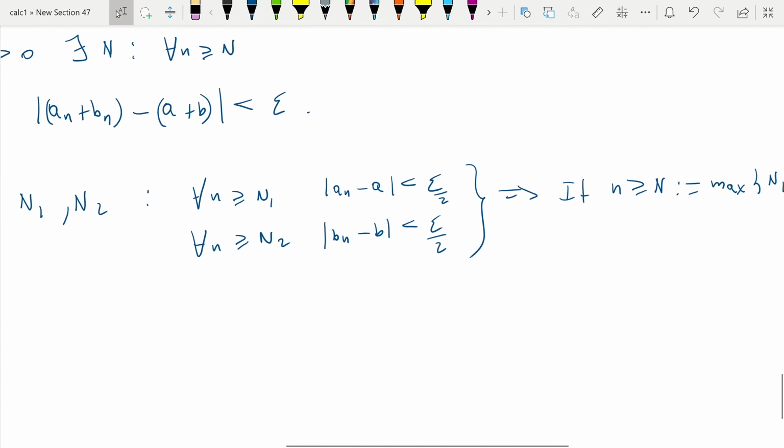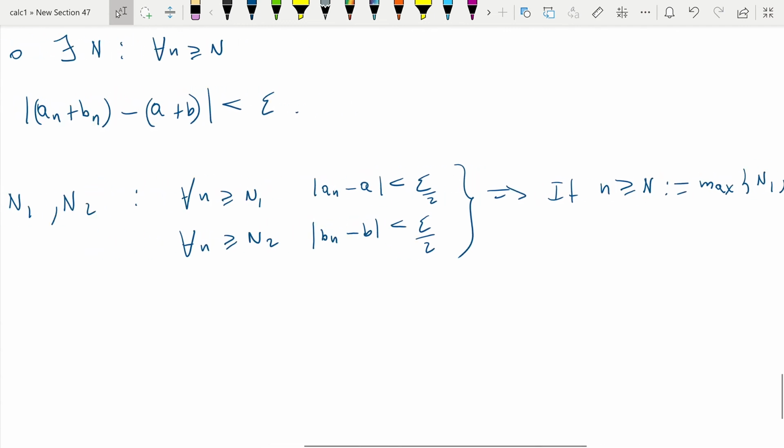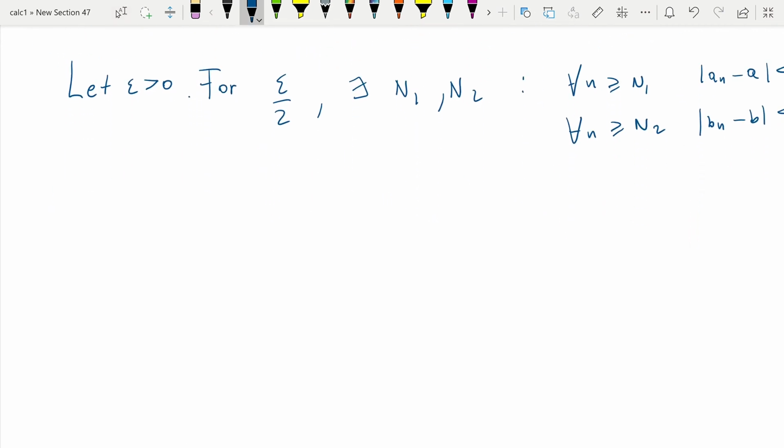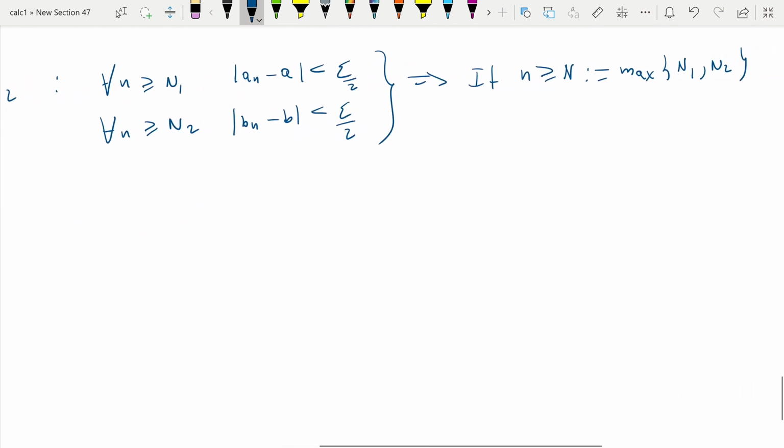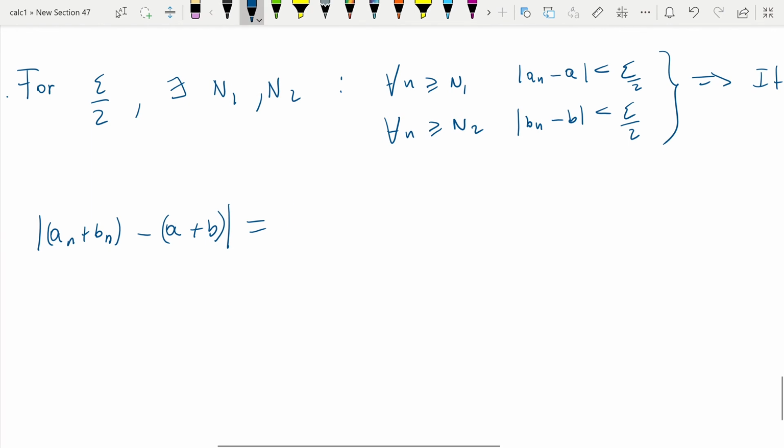So you have these two statements are true for values of n greater than or equal to N, and we can say then, remember that we started with an arbitrary value of epsilon greater than 0, that |a_n plus b_n minus (a plus b)|, this is what we want to show, is less than epsilon when n is greater than or equal to N. And this is just equal to, we're going to open the parenthesis and group this term with this one and this one with this one, so |(a_n minus a) plus (b_n minus b)|.